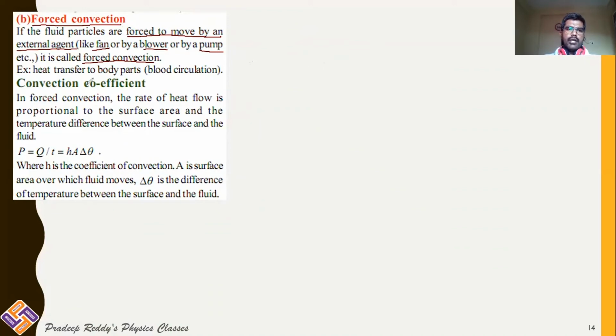And convection coefficient. In forced convection, the rate of heat flow is proportional to the surface area. That means H is proportional to area of cross section A and temperature difference delta theta.